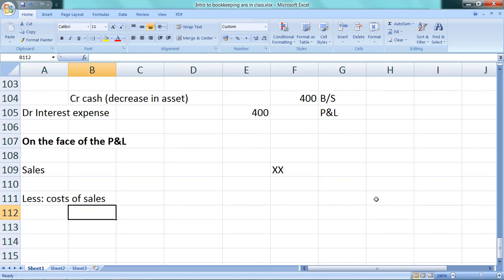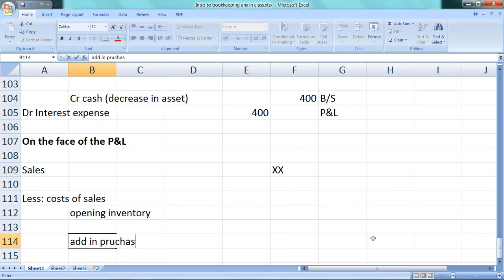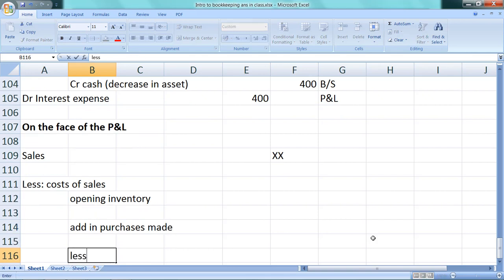Cost of sales are made up of various different components. We have opening inventory or stock. We then add in any purchases we've made during the year, and then we subtract any closing inventory.